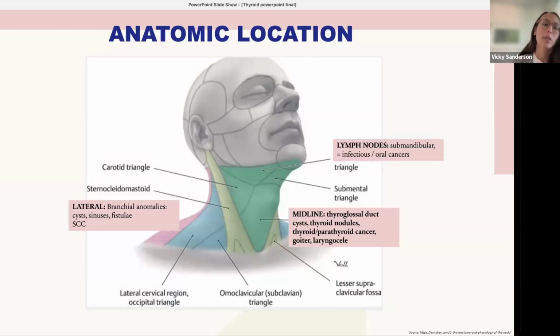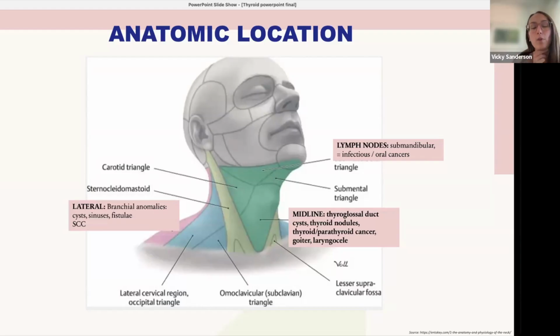Then, of course, we think about lymphadenopathy, right? There's lots of nodes that can react in the head and neck region. So based on their location, it gives us a lot of clues as to the etiology, right? We think of the submandibular region, for example.